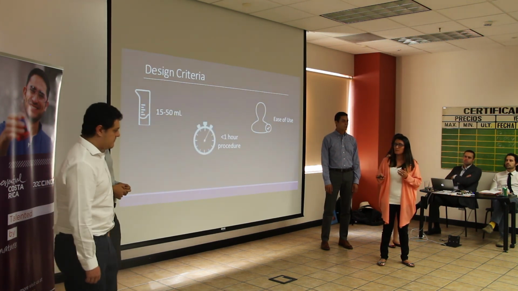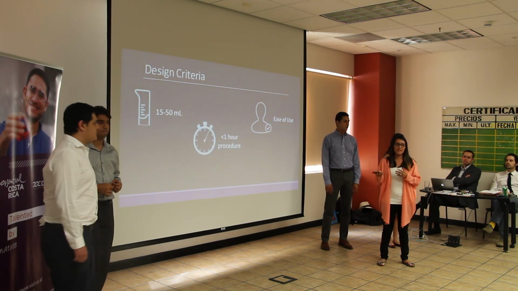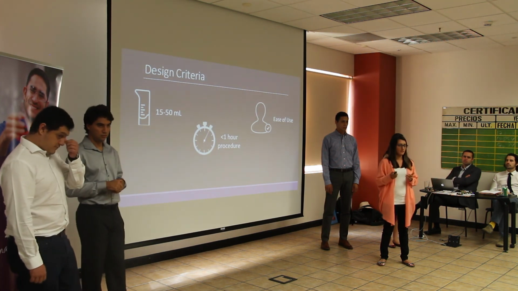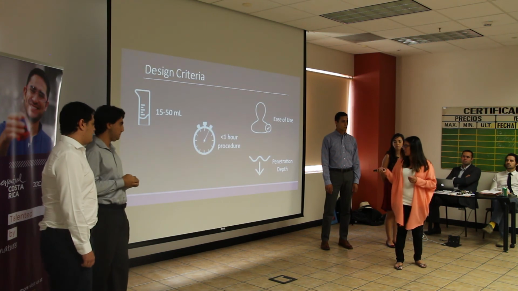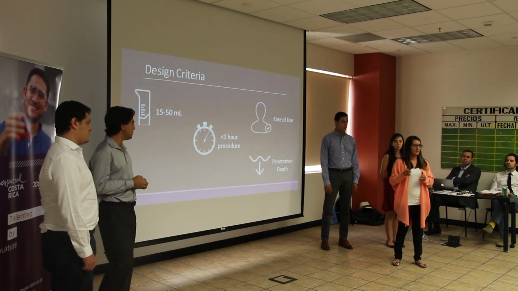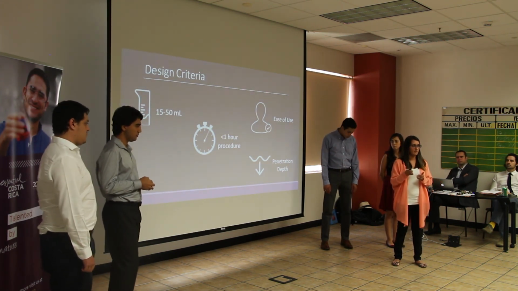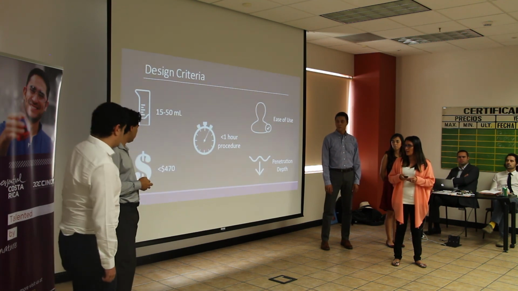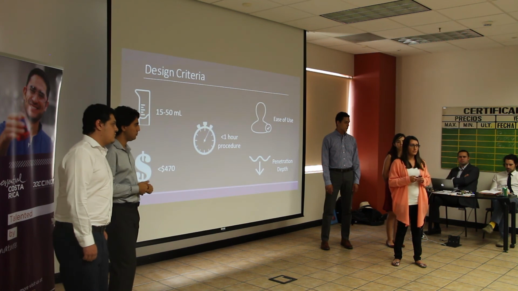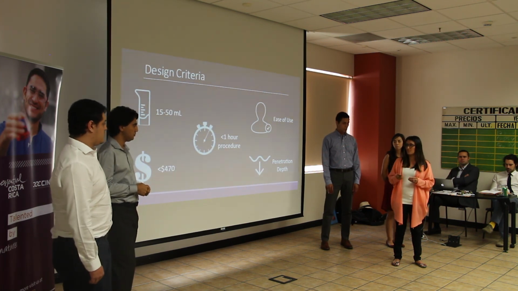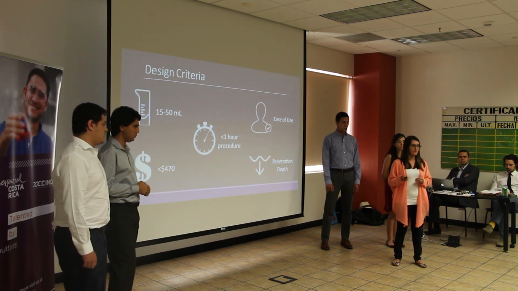Also, this product should take less than, for example, an hour for the whole procedure. Also, we study the penetration of how deep it goes. And finally, we propose that this product costs around $470.